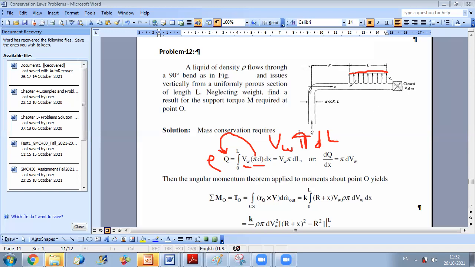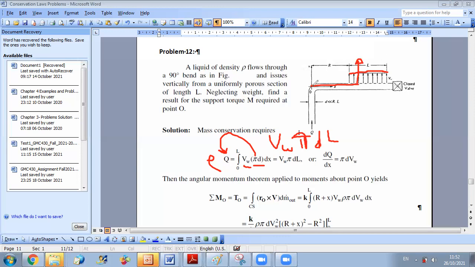Now, the next step is to compute the angular momentum rate at the outlet. Here, I should perform integration. Why? Because the distance to O is varying. Each elementary force dF, or here, what I am getting is not the moment of a force, I'm getting the moment of linear momentum, the rate of linear momentum, m dot v.